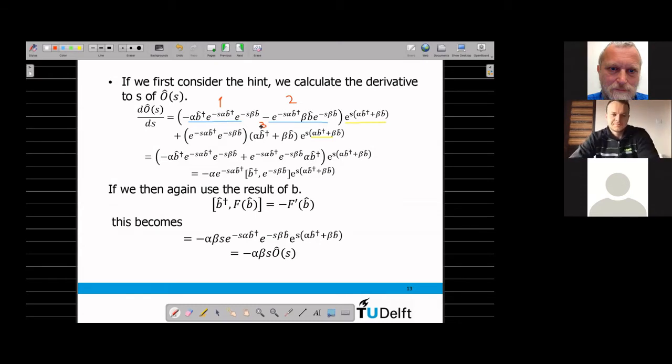What we do afterwards is now we have operators, but we also have parameters, and they commute. So we first take the first term here, and we leave it as it is.